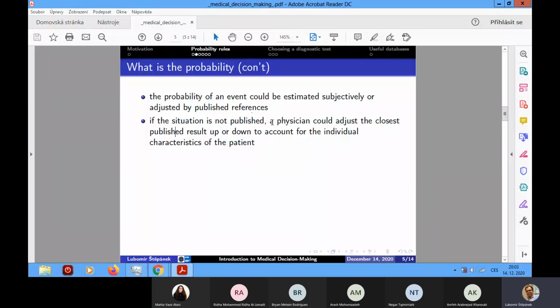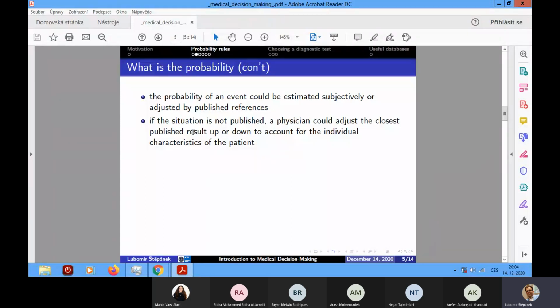I bet my chances that we are able to find at least 1 or 2 papers related to a situation you would like to know about, or have to deal with. It could be somewhat similar, somewhat related, not exactly the same. But still, it could give you better information. You can adjust your feelings about what the prevalence or probabilities could be.